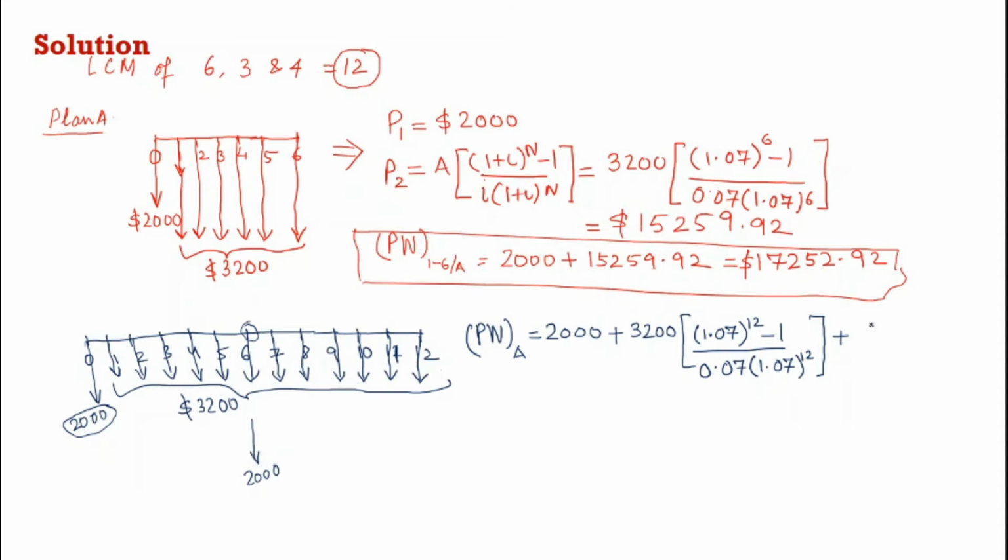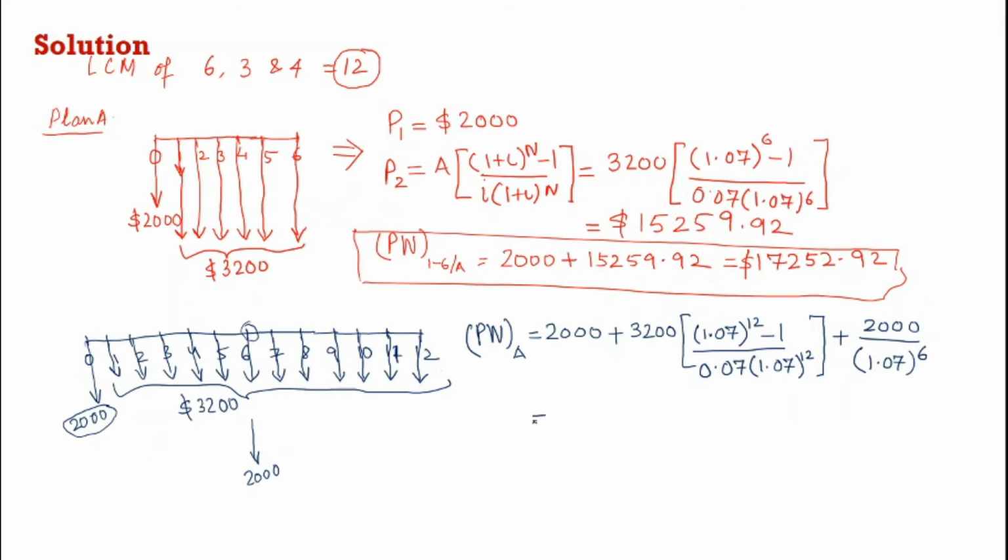So straight away writing the formula with the numerical values, it will be 2000 divided by 1.07 to the power 6.